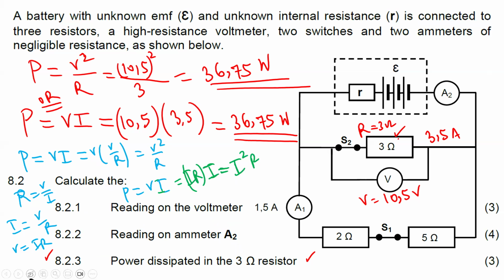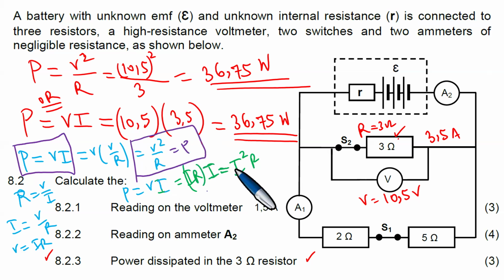We have established these three relations. Power is VI. Power is V squared over R. Power is I squared R.